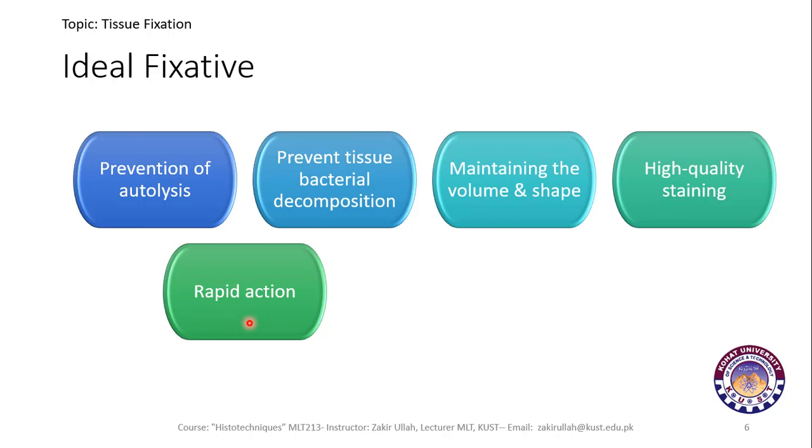All these actions must be fast, because with the passage of time the tissue shrinks, and there is variation in size and volume. A rapidly acting fixative prevents any disturbance, decomposition and autolysis. Therefore, an ideal fixative must have a rapid mode of action to fix the tissue in a short time.